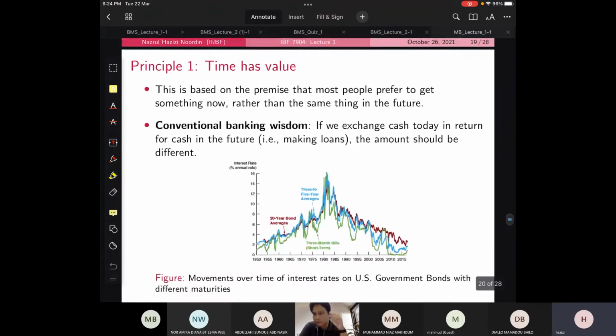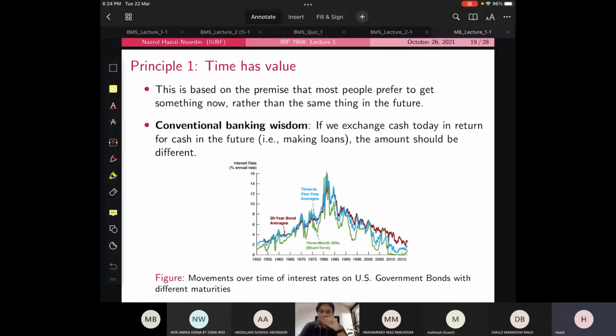The first principle tells us that time has value. If you are a Muamalat student, we have some here, right? Bailo, you are with a Muamalat background, and Munira as well.